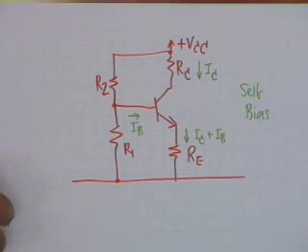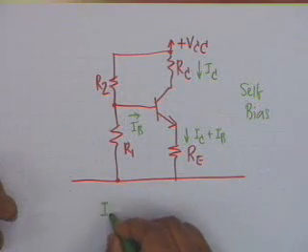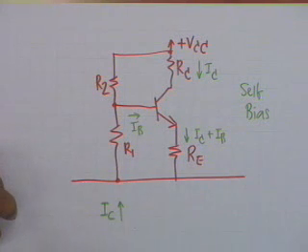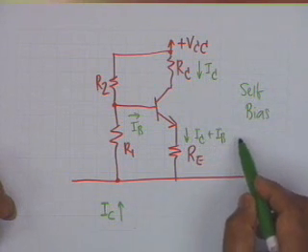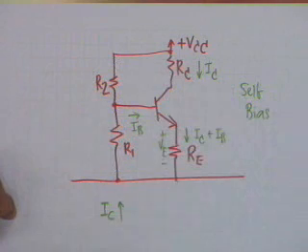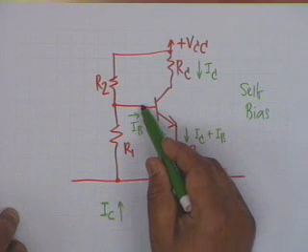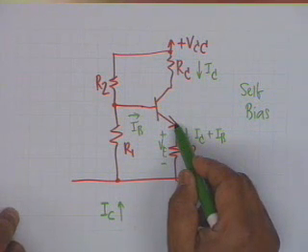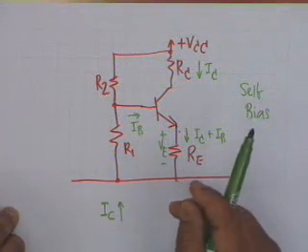And to understand why and how the collector current stabilizes, you assume that due to some reason I sub C increases. If I sub C increases, then so does I sub C plus I sub B, and therefore the voltage drop across Re, if we call this V sub E, increases. If V sub E increases, then naturally VBE shall decrease, and if the diode voltage decreases, then you know the current shall also decrease.